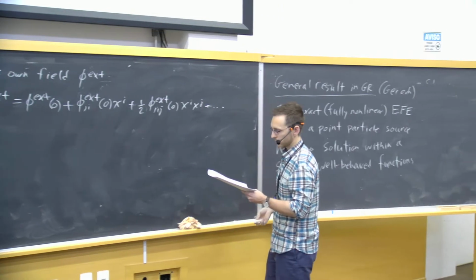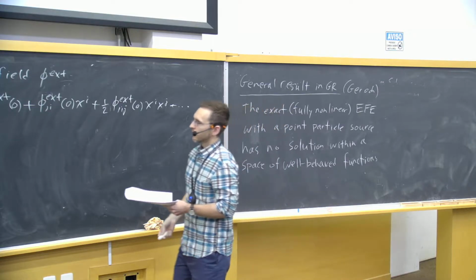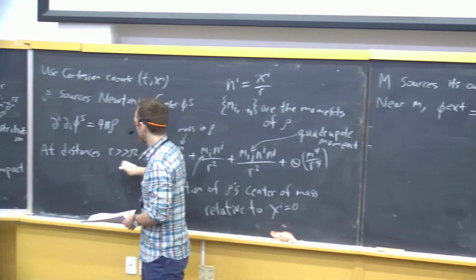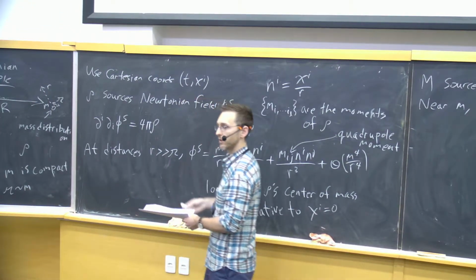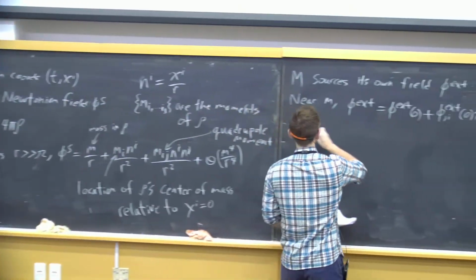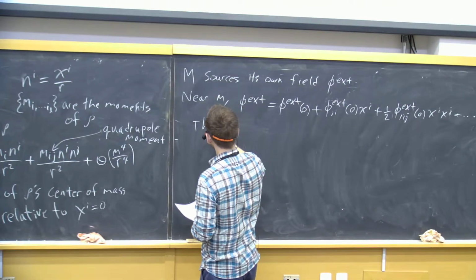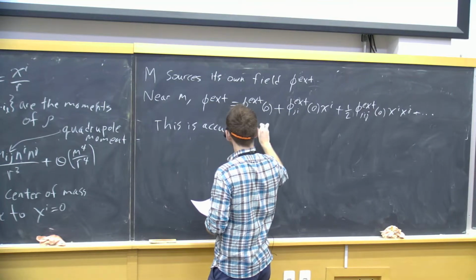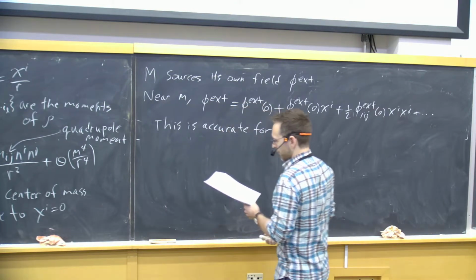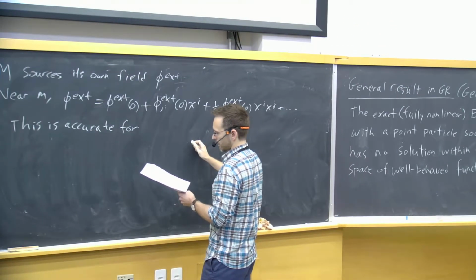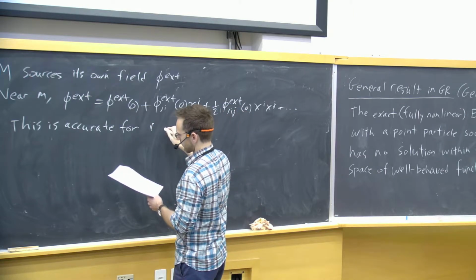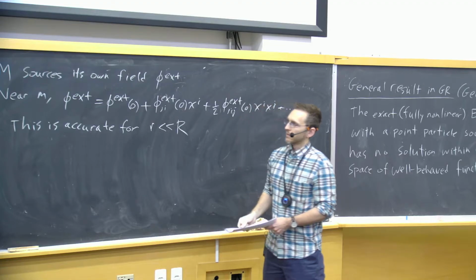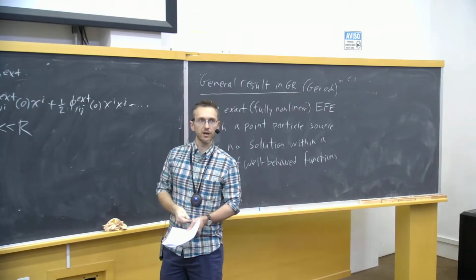And so on to higher orders. So over here we had an approximation that's good for R much larger than the size of the object, whereas this Taylor series is accurate for distances much smaller than the distance between the small object and the large object.